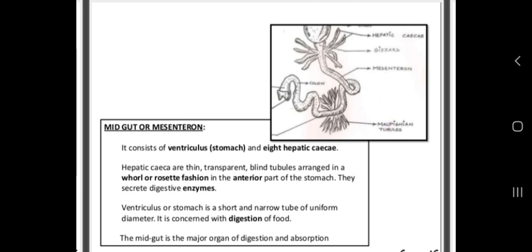The stomach of the midgut is also known as the ventriculus. Ventriculus or stomach is a short and narrow tube of uniform diameter. It is concerned with the digestion and absorption of the food.